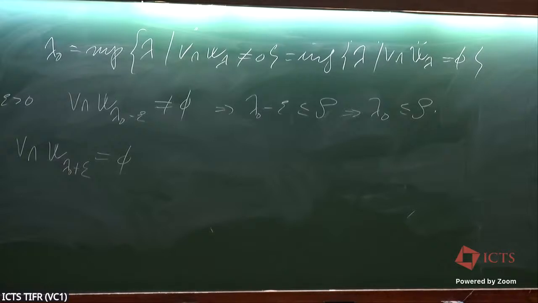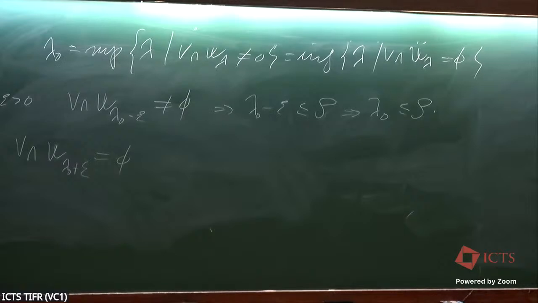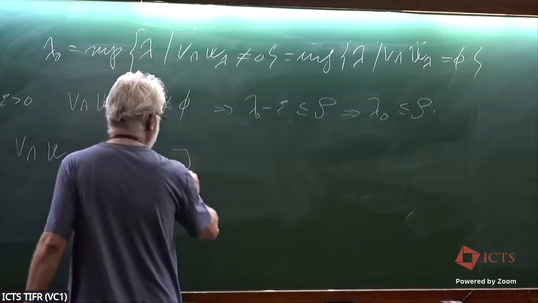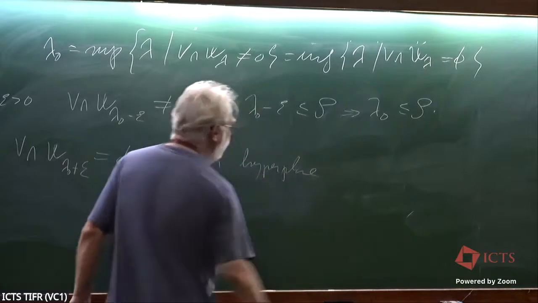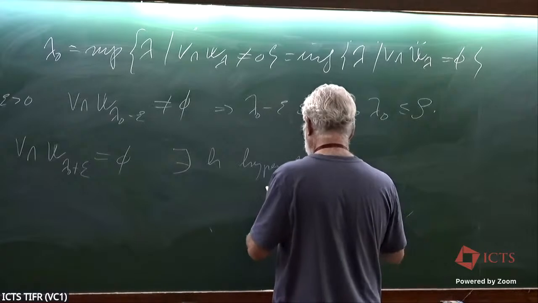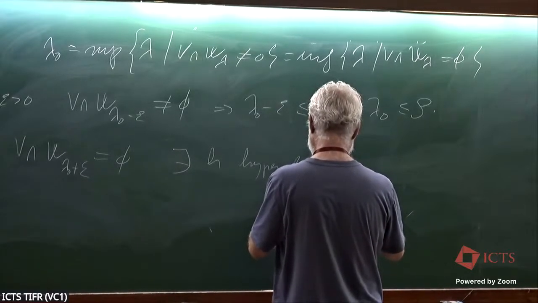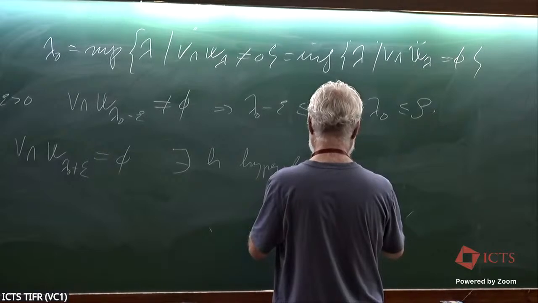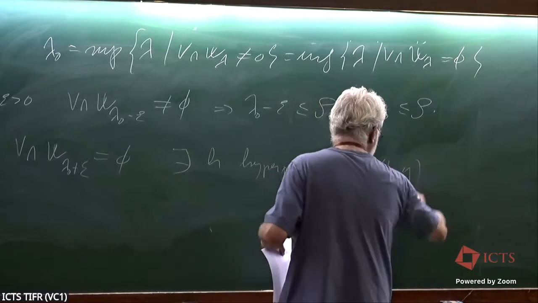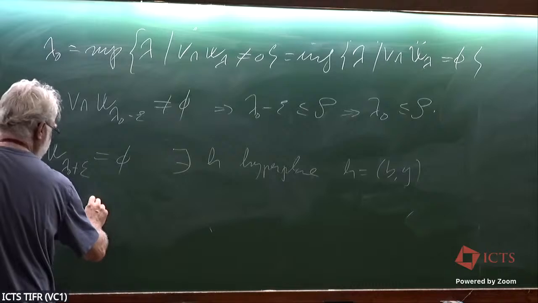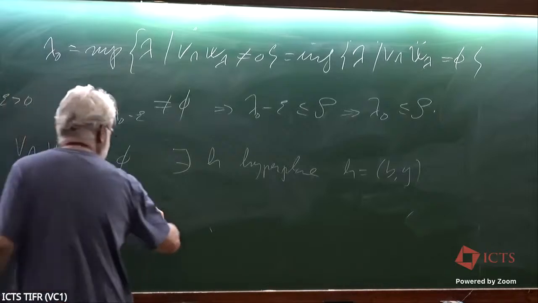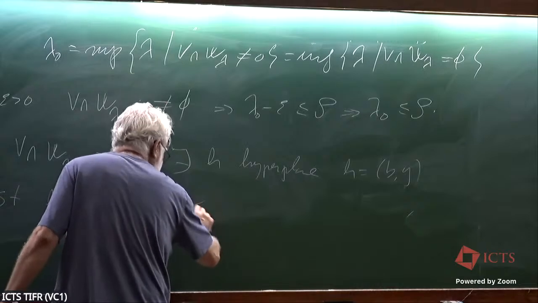Since B is a cone starting at 0, and W lambda is an affine set, and they don't touch, then one can prove that there exists a hyperplane H, a linear one, so H will be of the shape B comma Y in coordinates, such that H restricted to B is bigger or equal than 0, and H restricted to W lambda is strictly smaller than 0.